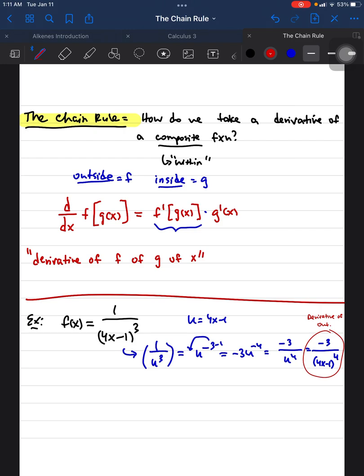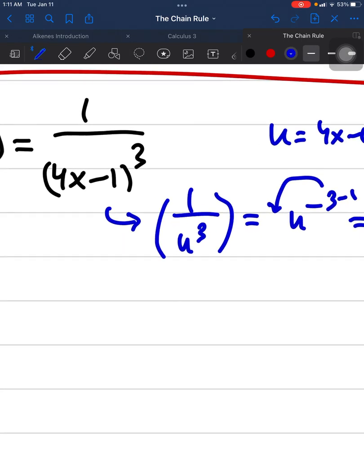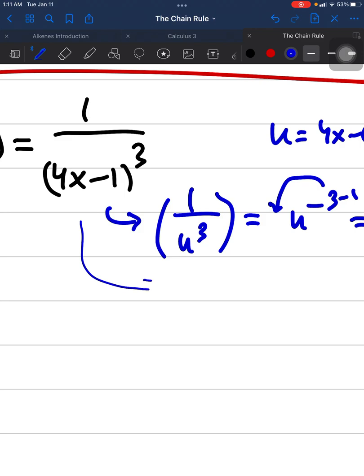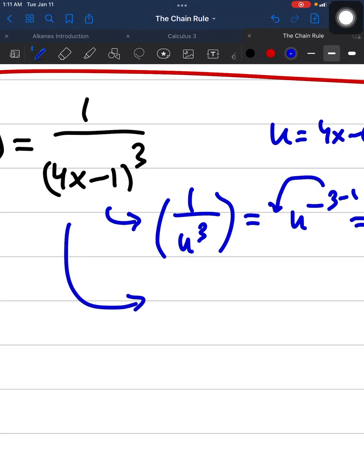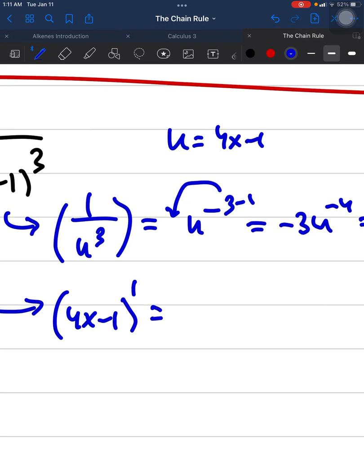Now we need to know the derivative of the inside function, and the inside function is 4x minus 1. So 4x minus 1 is the inside function because it's inside of the parentheses. So what we're going to do now is make another little arrow. Derivative of 4x minus 1.